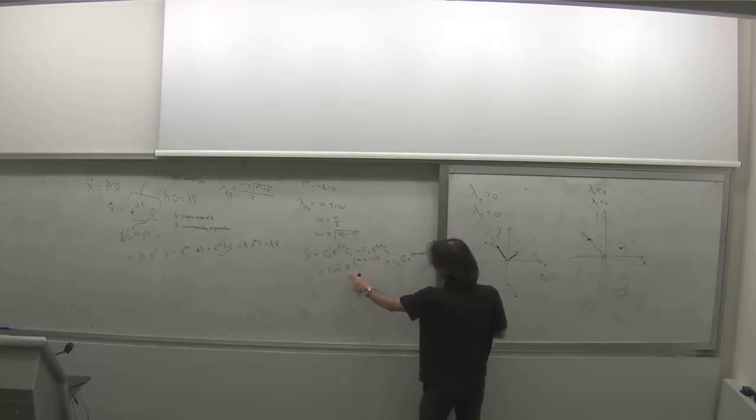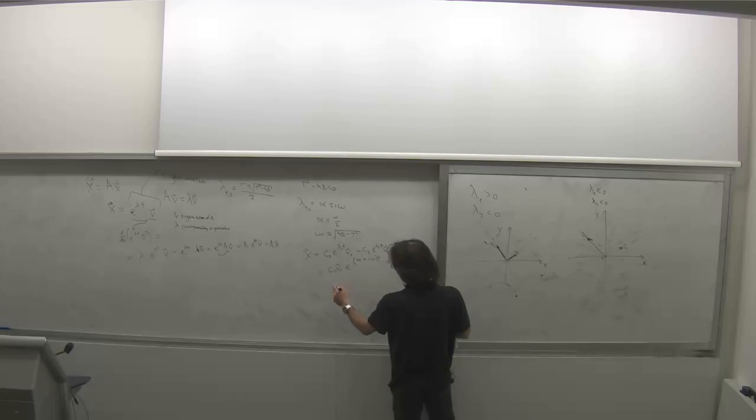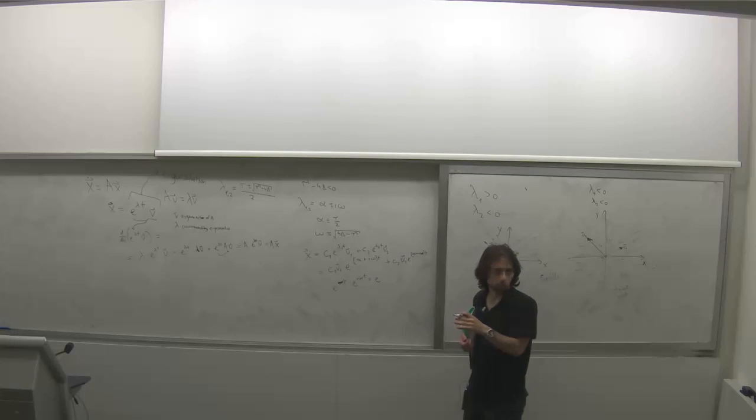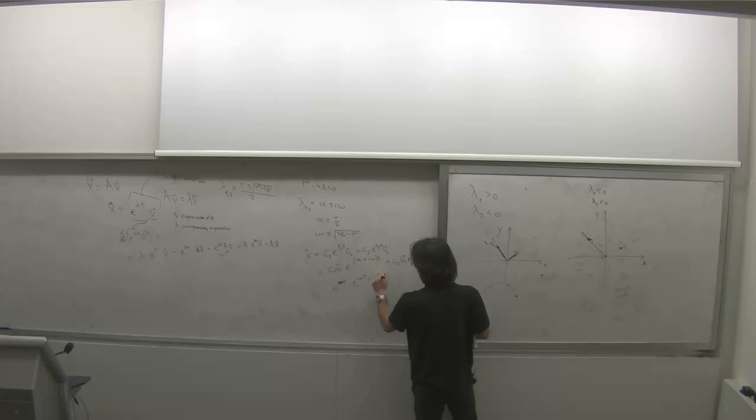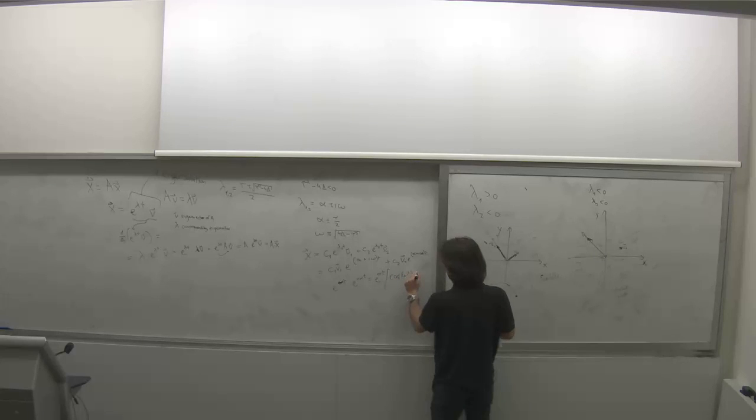And each of these things can be written as e to the power of alpha t times e to the power of i omega t. And then I can decompose this into the cosines and the sines. So e to the power of alpha t, and I have here cosine of omega t plus i times the sine of omega t.